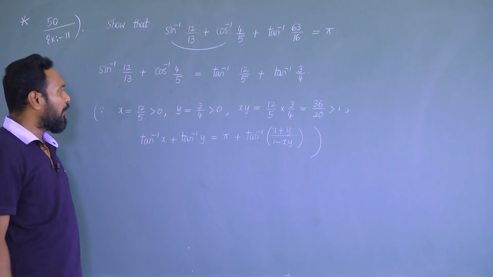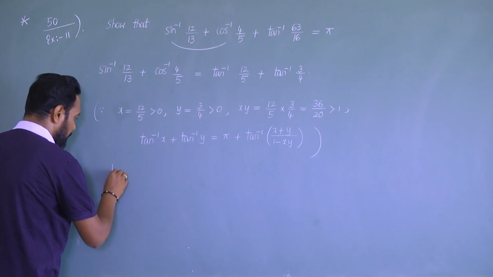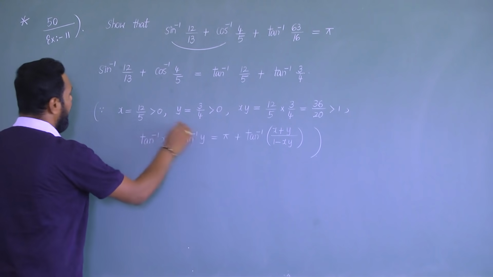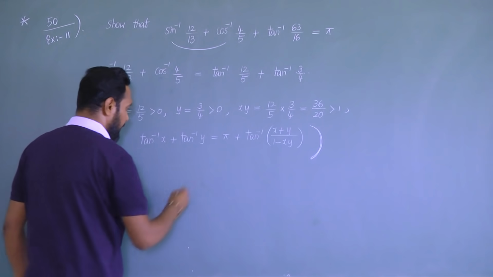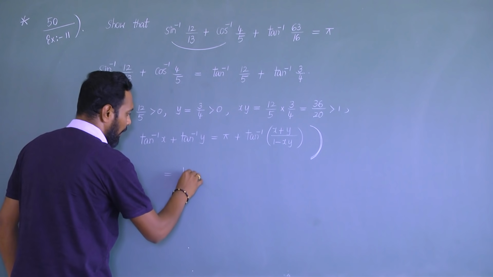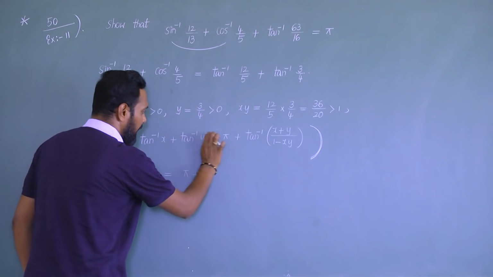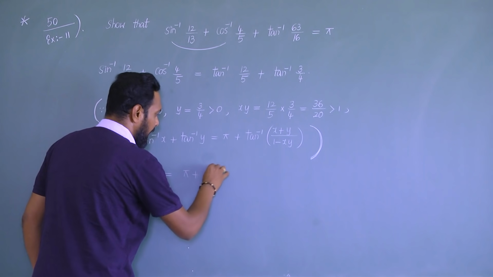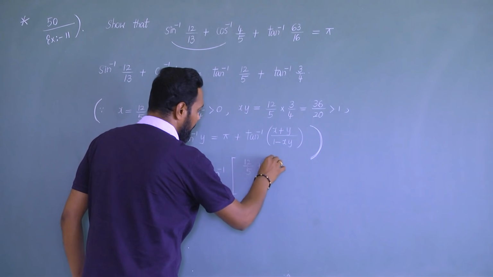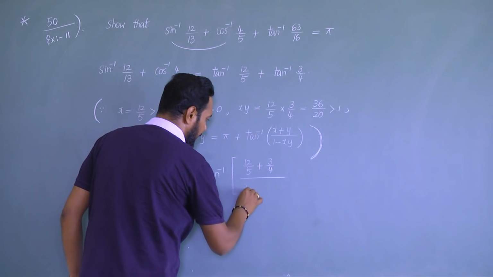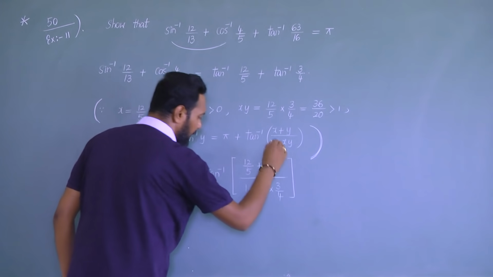If you apply that formula for these 2 terms, so all this I am writing in brackets, and I am continuing this step here, equals pi plus tan inverse of 12 by 5 plus 3 by 4 divided by 1 minus 12 by 5 into 3 by 4.